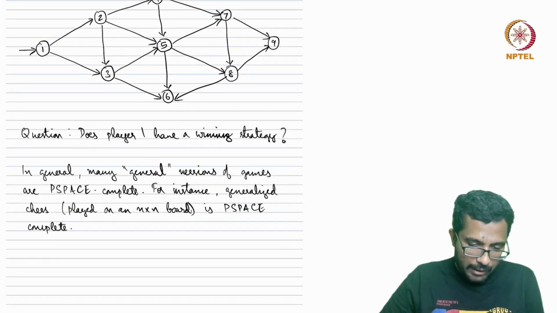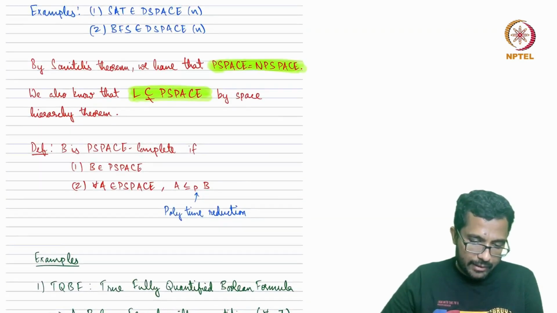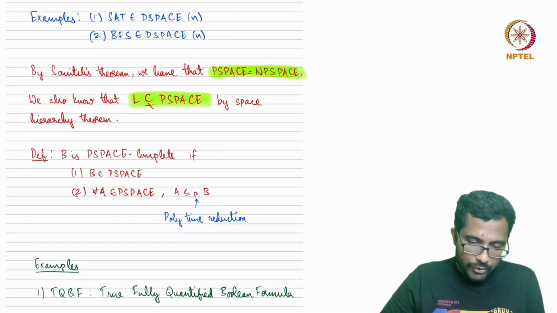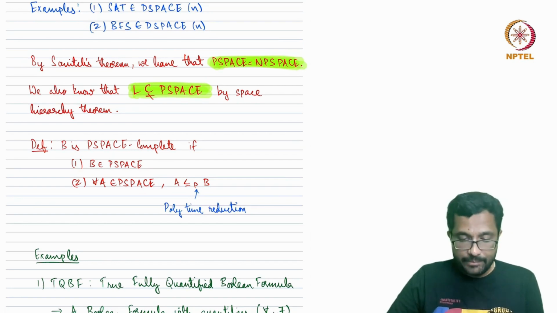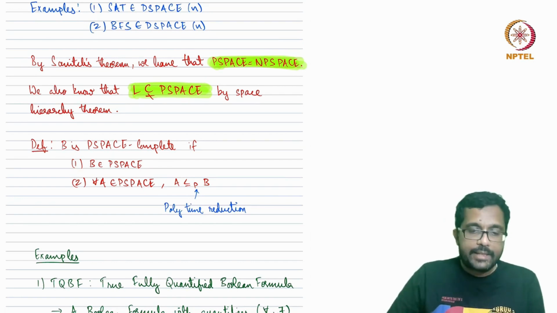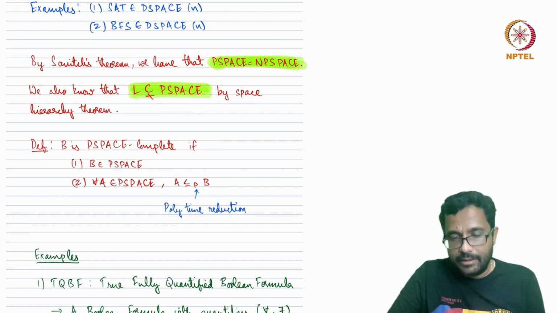Anyway, now let me come back to the PSPACE discussion that I was talking about. We know that L is in PSPACE but not equal to PSPACE. PSPACE completeness is similar to NP completeness or NL completeness.